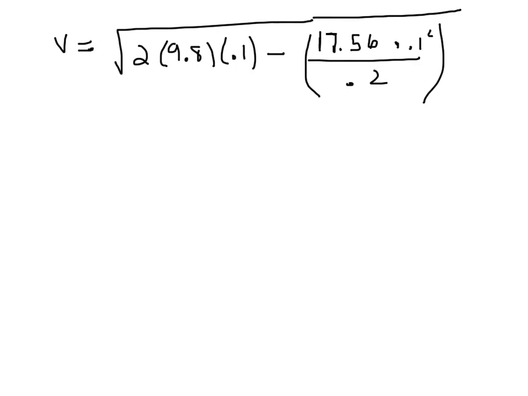And again, be careful with your parentheses here. And I get my velocity of 1.04 meters per second. This is a really good problem because it's really challenging your ideas of conservation of energy.